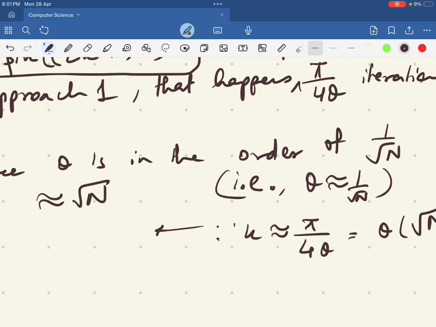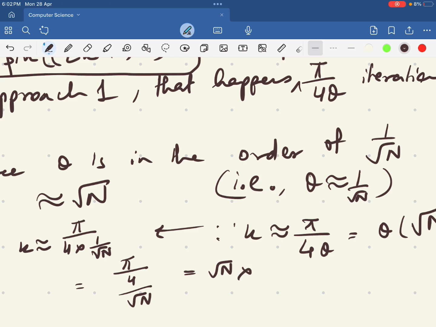We will get k approximately equal to pi by 4 times the value of theta, which here would be 1 by root N, which will be equal to pi by 4 times root N. Now we can simply ignore pi by 4 as these are constants.